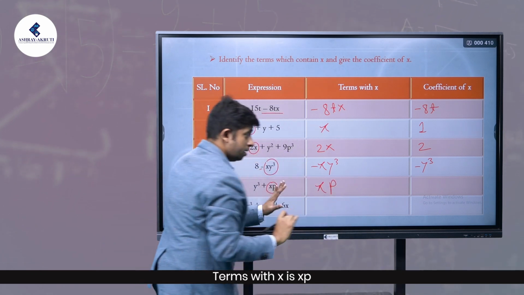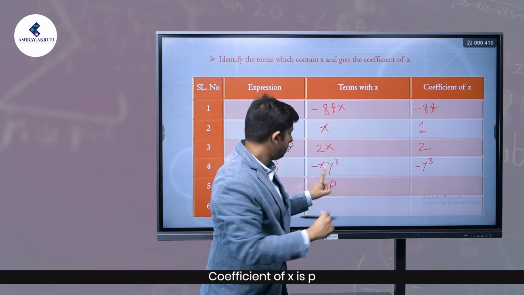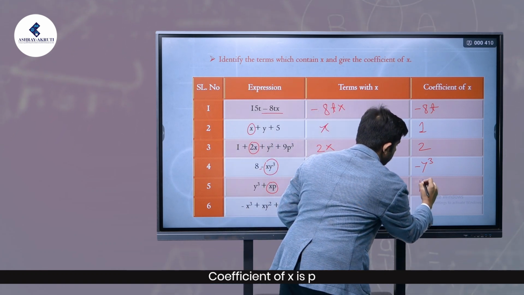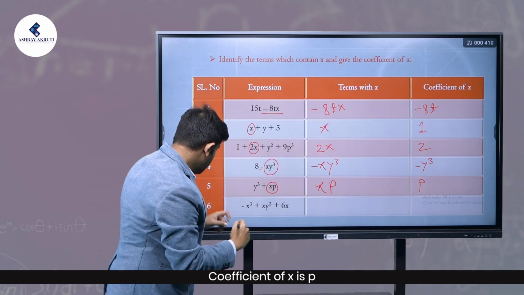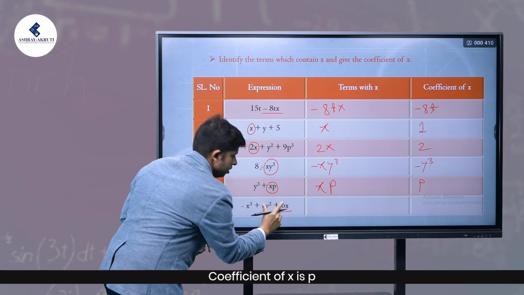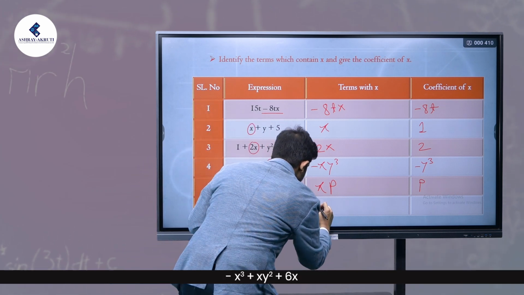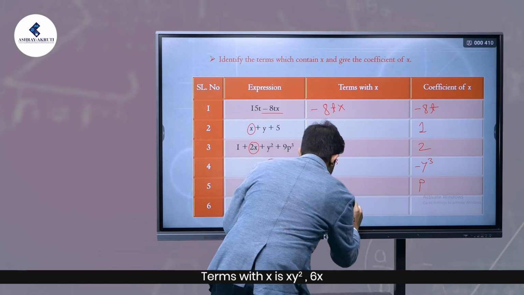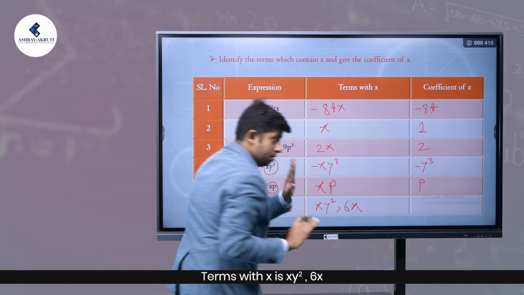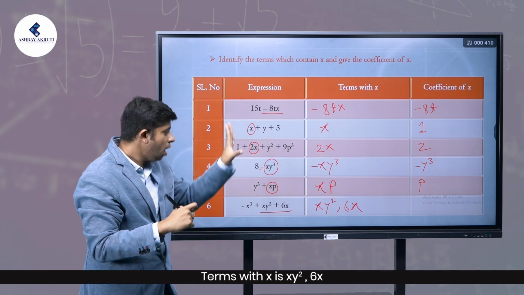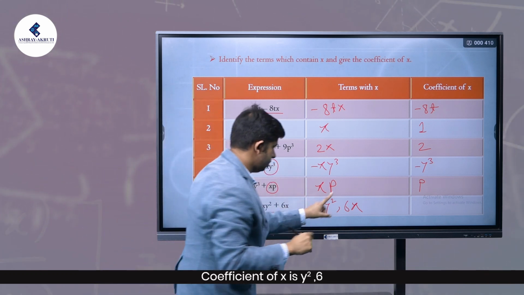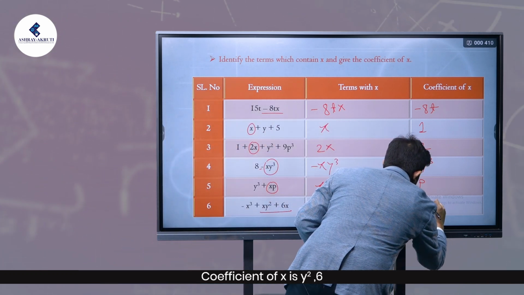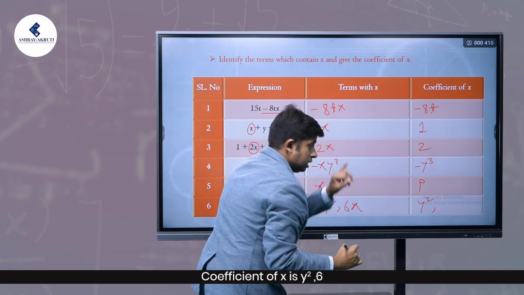Terms with x is xp. Coefficient of x is p. Next expression, minus x cube plus xy square plus 6x. Terms with x is xy square, 6x. Coefficient of x is y square, 6.